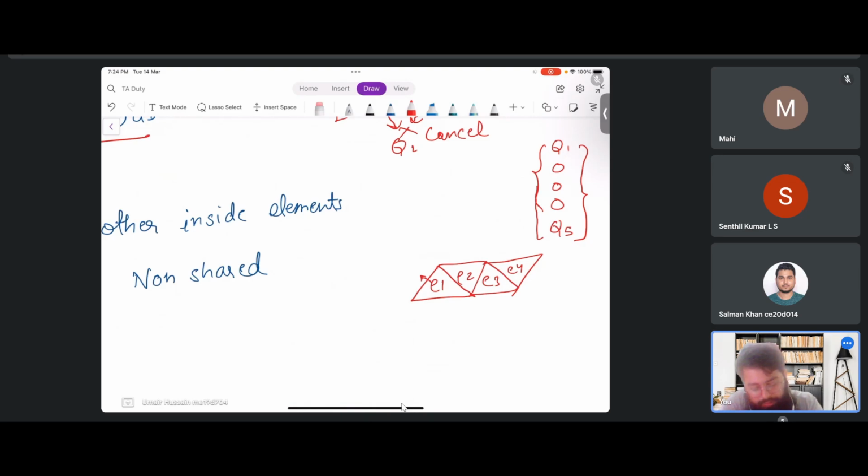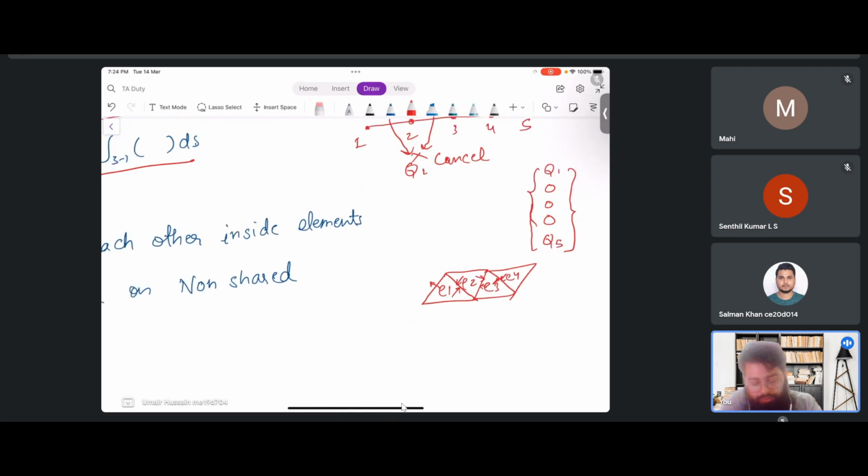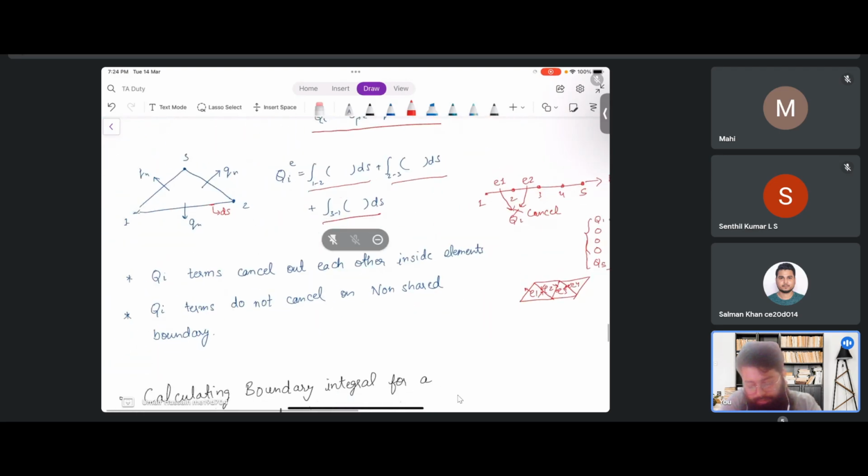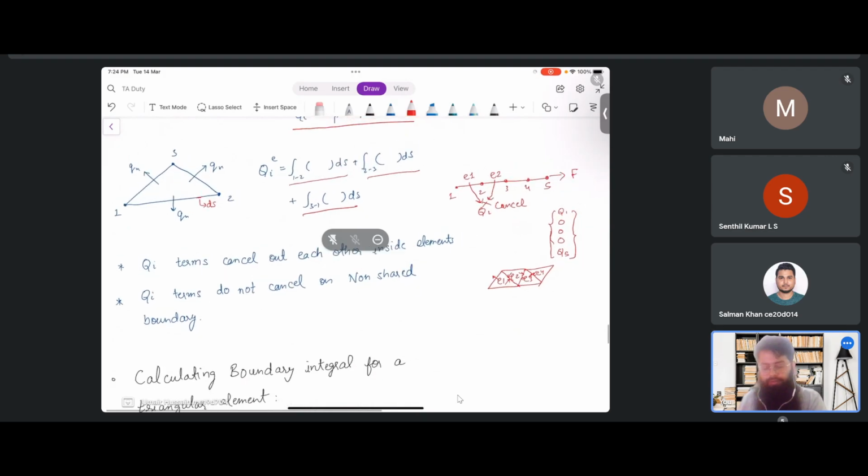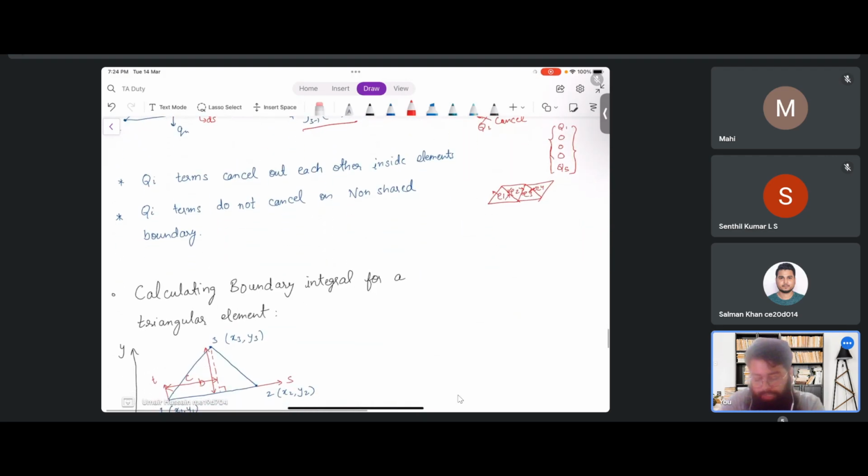But at this point, the contributions from here and here would cancel each other out. Here also it would cancel out. So at the internal faces, the contribution for Q would cancel out. You don't need to calculate that.